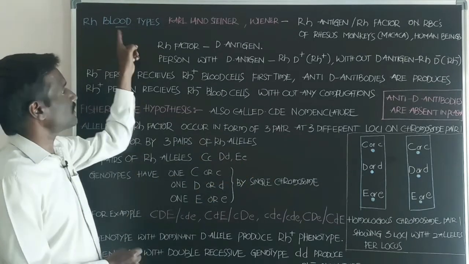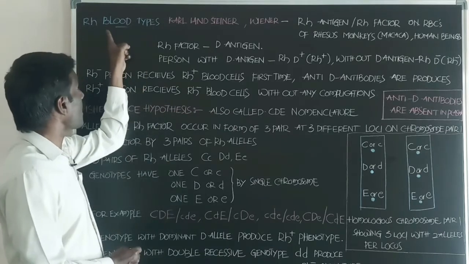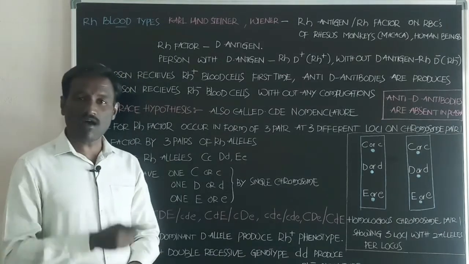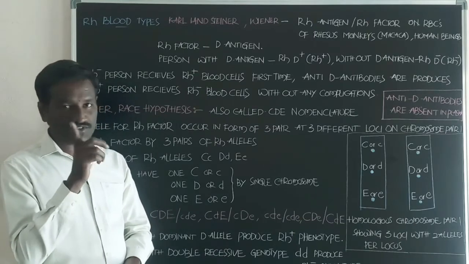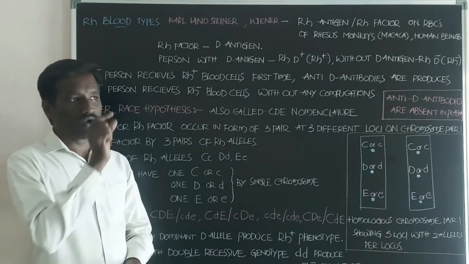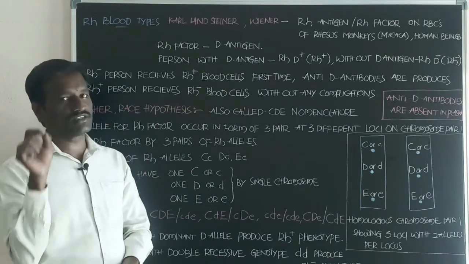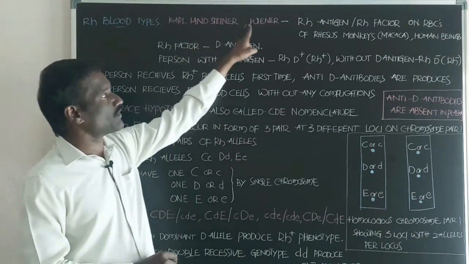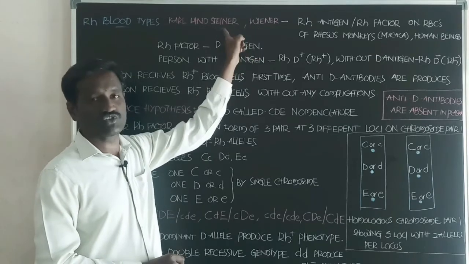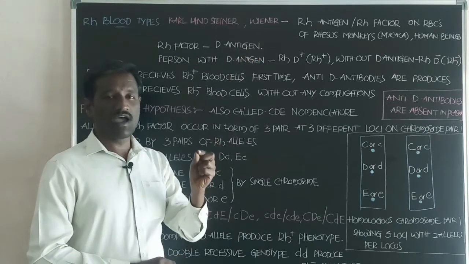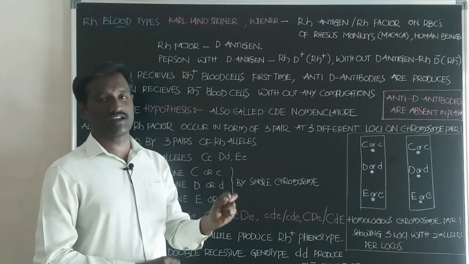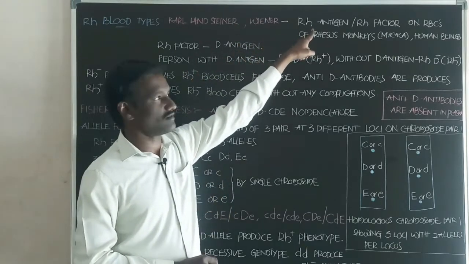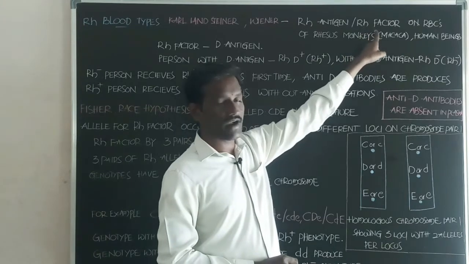Next, students, now going to discuss about the RH blood types. Already you know about the two types of antigens of the blood group: one is antigen A and the other is antigen B. In this, Karl Landsteiner and Wiener, two scientists, discovered another antigen, that is the RH antigen, also called RH factor.